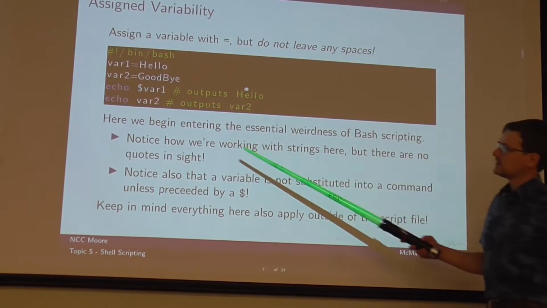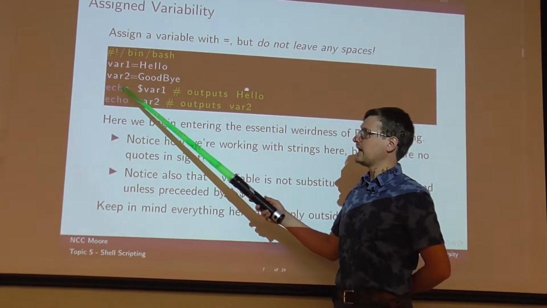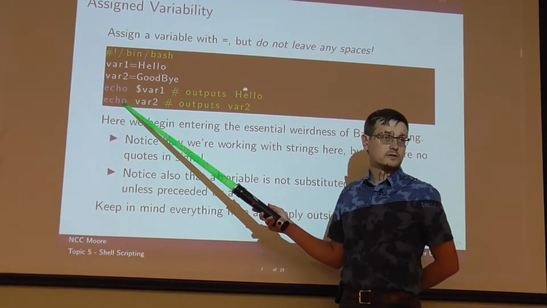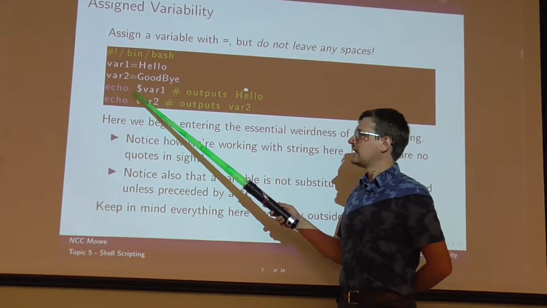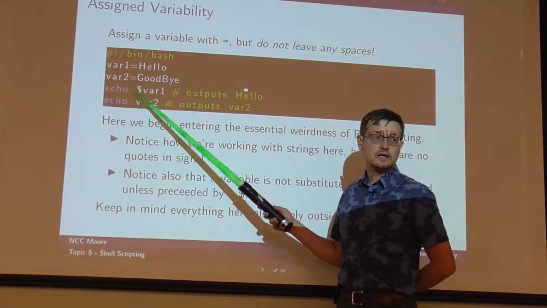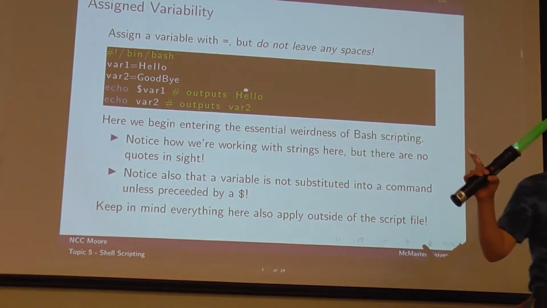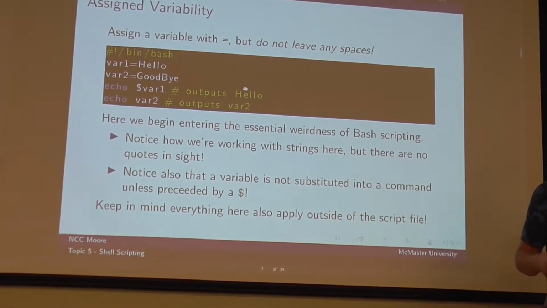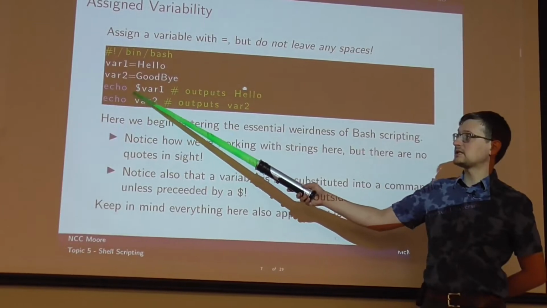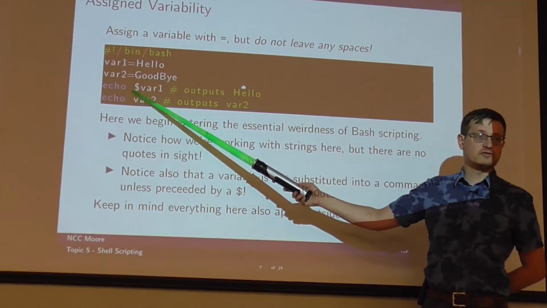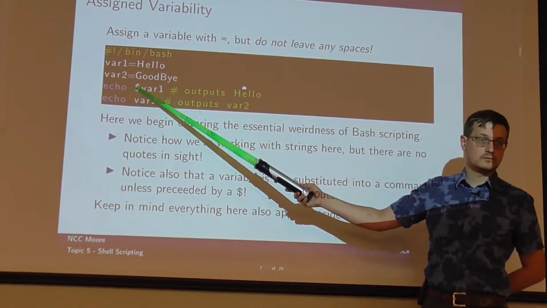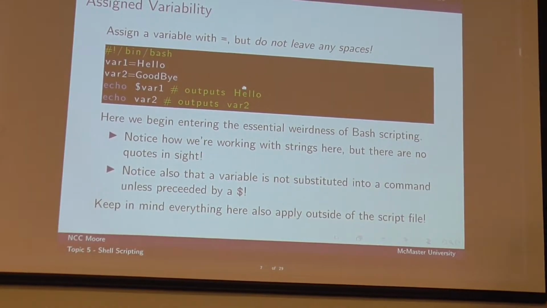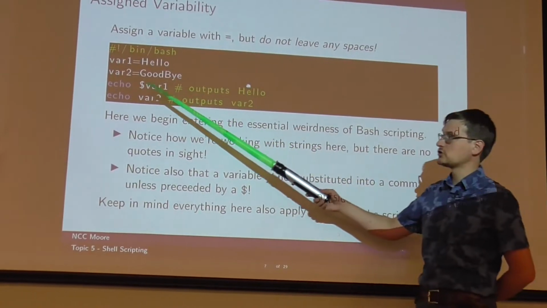So, this space here between echo and var1 does a lot of work. It is argument application. How many people here have studied Haskell programming? Right. So in Haskell programming, the space means application of an argument to a function. Right? In bash, it means something similar. It means the application of an argument to a program.